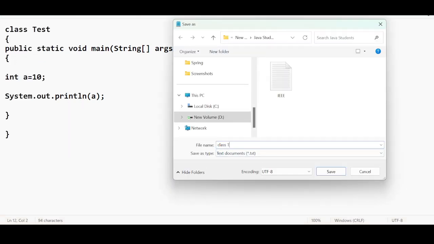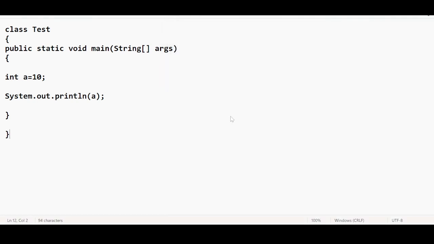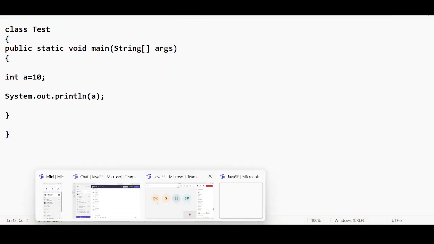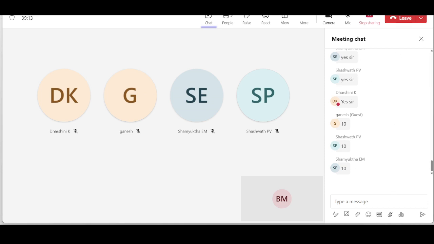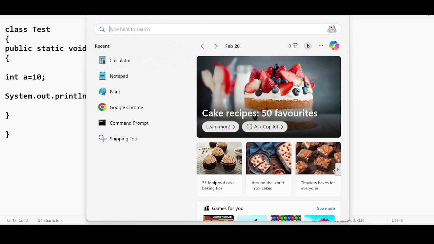Please drop your answers in the chat box. Okay, 10. Straightforward. I don't think any explanation is required for this.